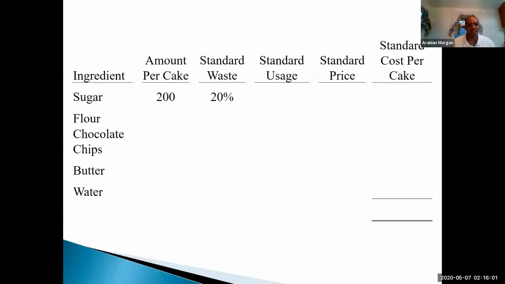The percentage is the sugar that the little kid is going to spill onto the floor when he tries to put the sugar in the mixing bowl. 20% is going to spill on the floor. So our standard usage column is all about how much sugar the kid needs to start off with so that when he spills 20% on the floor, he's got 200 left in the mixing bowl.